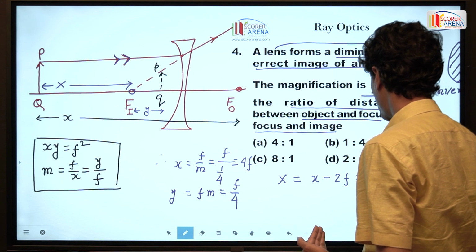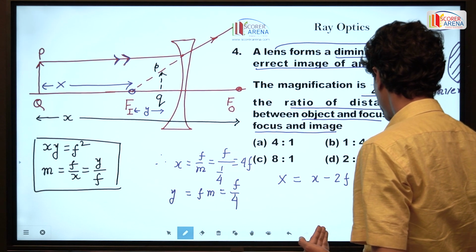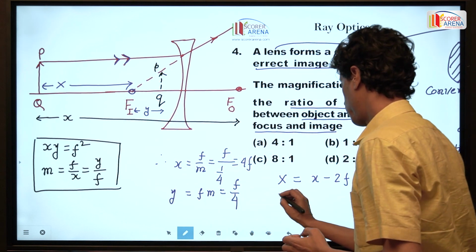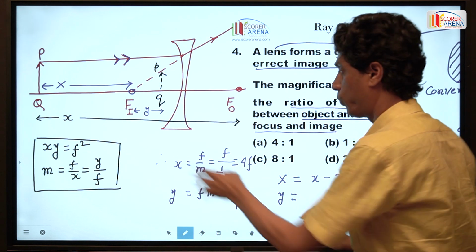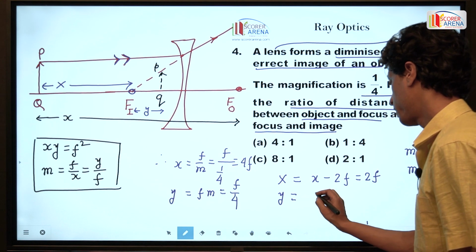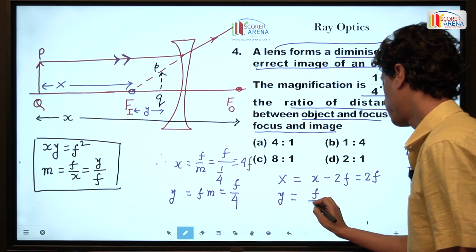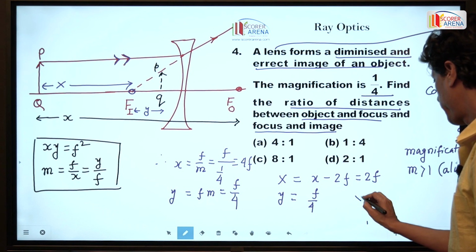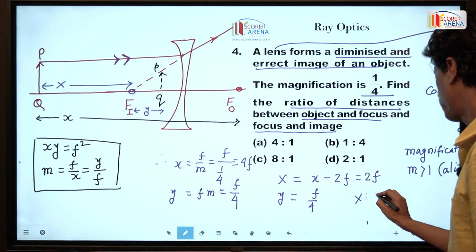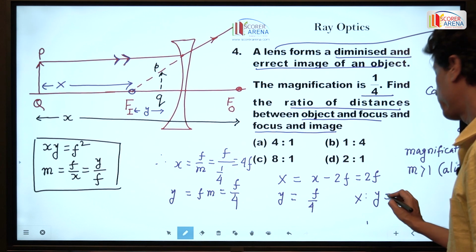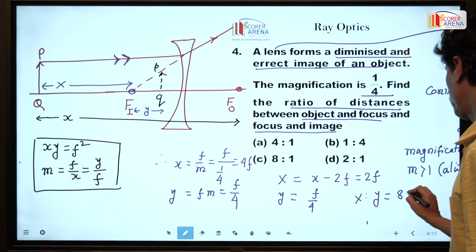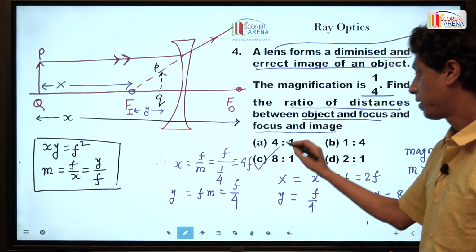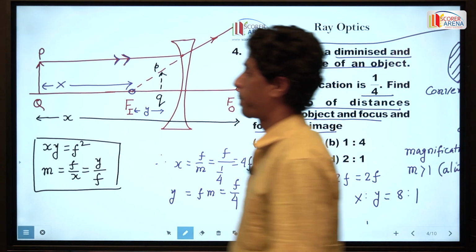So x is equal to 2f, and the distance of the image from its focus, already calculated, is f by 4. If we take the ratio x to y, it is 8 to 1. So the right option here is C. Next question.